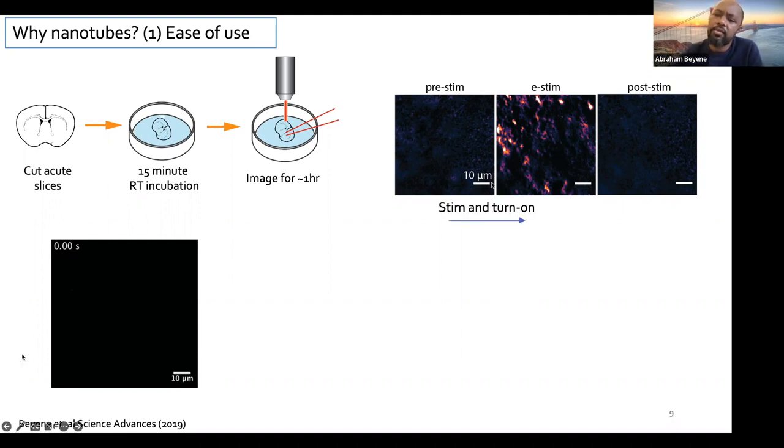And then secondly, there's also a lot of temporal information contained in them. For example, we know that when we stimulate the tissue, the turn-on is very, very fast, but the decay of each one of these hotspots is very different and distinct. And there is this beautiful heterogeneity that you're able to capture.